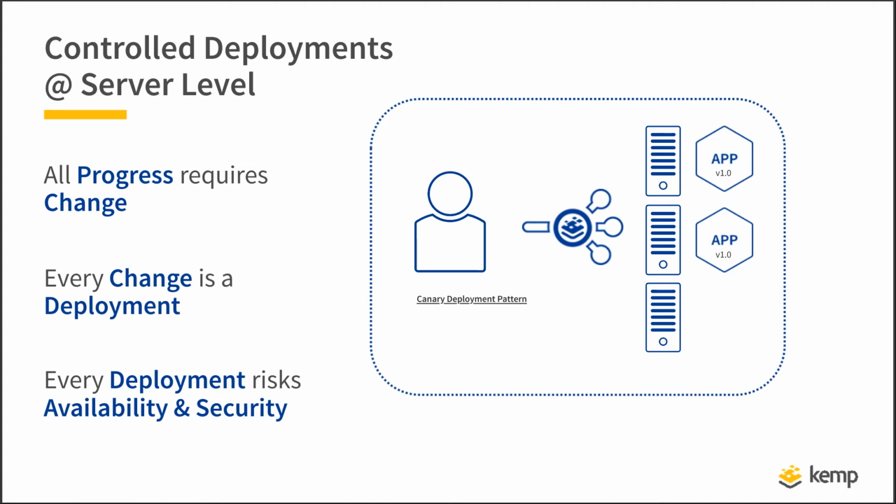So in this case, we're just going to upgrade one server to the new version. If everything seems fine, we keep increasing the percentage of the pool or the users that are distributed to the new version. And again, if anything goes wrong, we can easily reverse that upgrade and reverse that change.